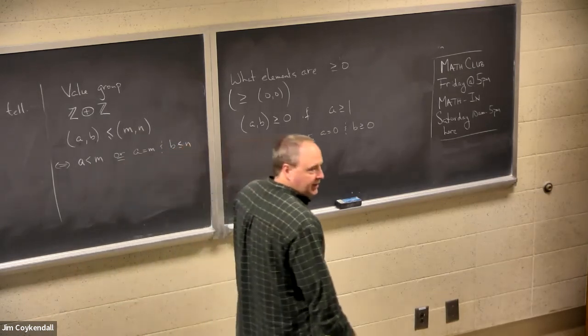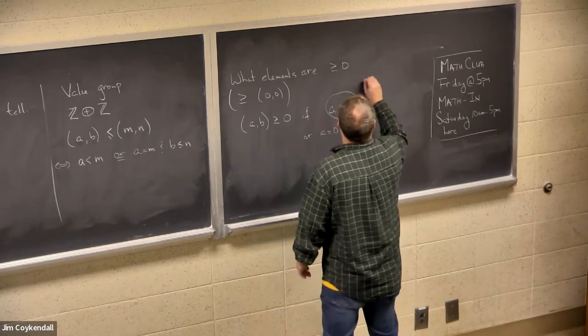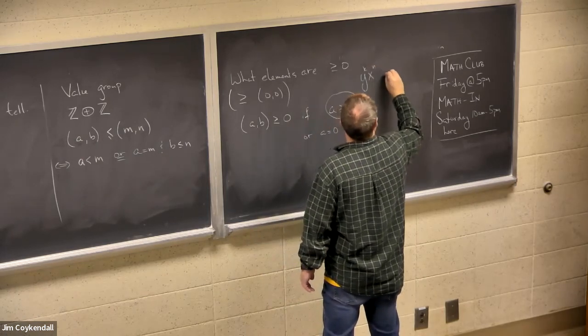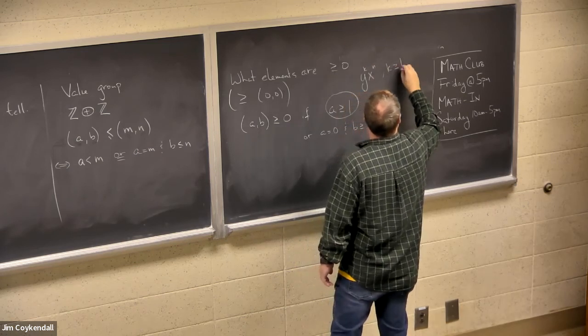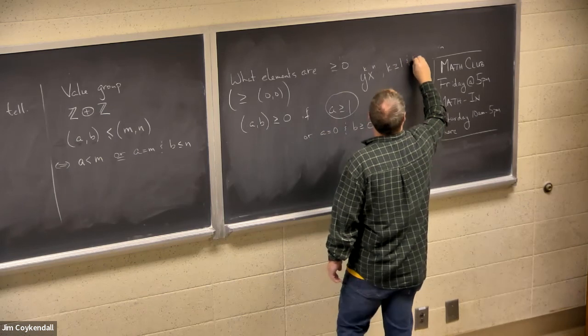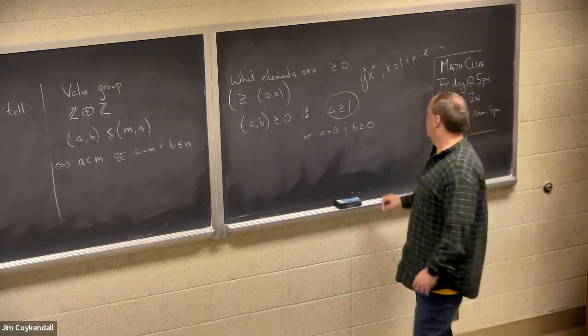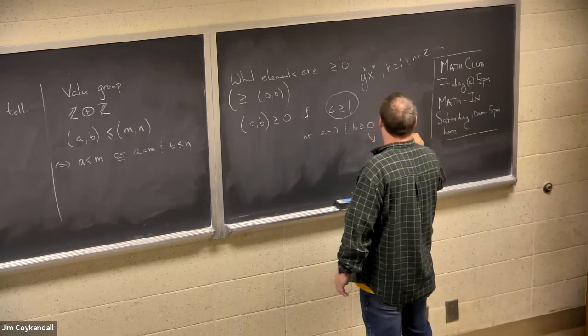So translation, what elements do we find in the valuation domain? Anything that looks like this, or x to the n with n greater than or equal to 0.